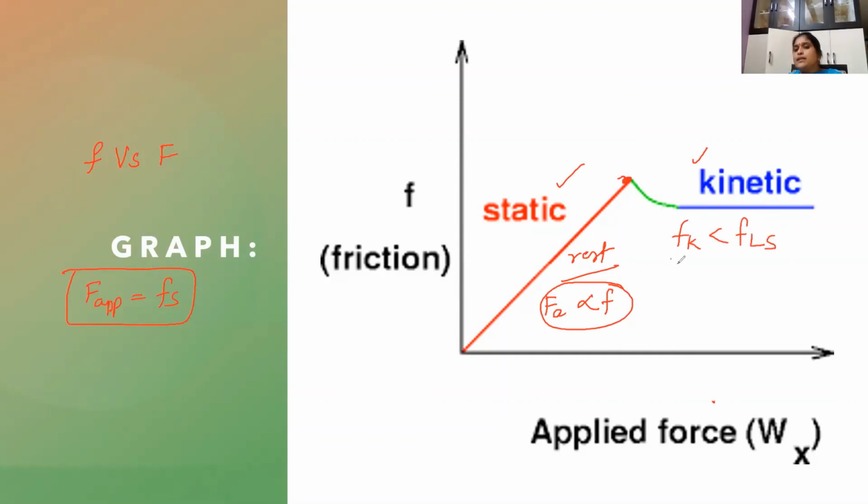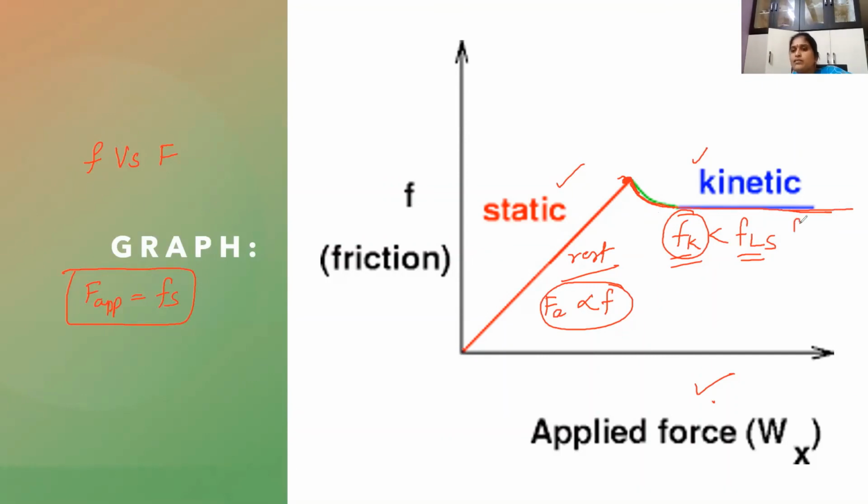Once it reaches the kinetic friction, the kinetic frictional force is less than the limiting static friction. So slowly the frictional force reduces as the applied force increases, the body starts moving and the friction maintains a constancy.